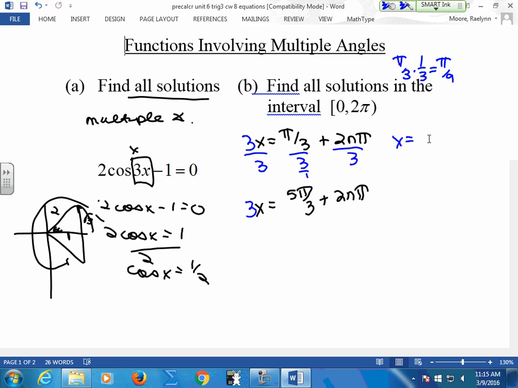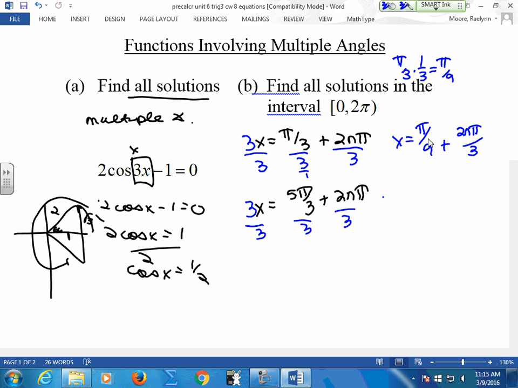How many times does 9 go into 180? 20. So aren't I at a 20-degree angle right now? Yep. But I need to keep this in radians. So pi over 9 plus, and I just keep this, 2n pi over 3. Just start like this first. Then I take this guy too. I need to solve for x.